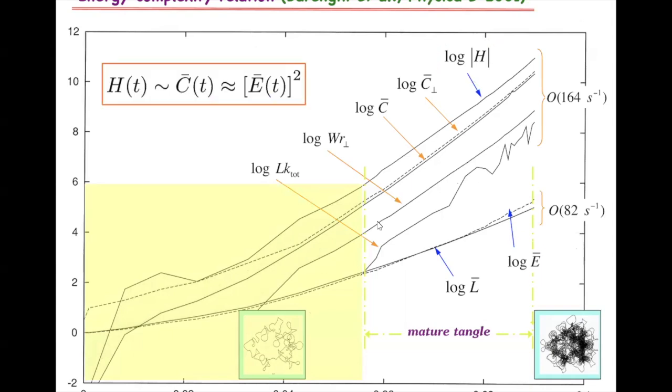And the result is this: you can measure energy in terms of helicity, in terms of average crossing number, a pure number of crossings that gives you a hint. This is just one test case on energy. So you imagine you want energy, you take the square root of the average crossing number, and you have information about energy. Everything is non-dimensional, of course.